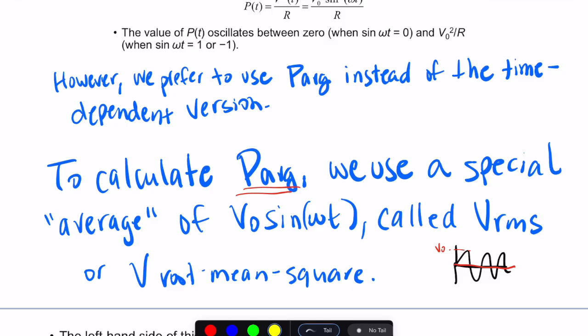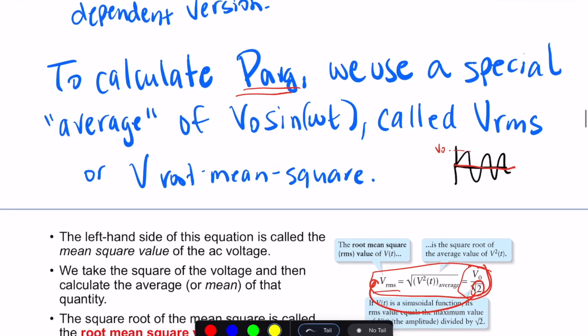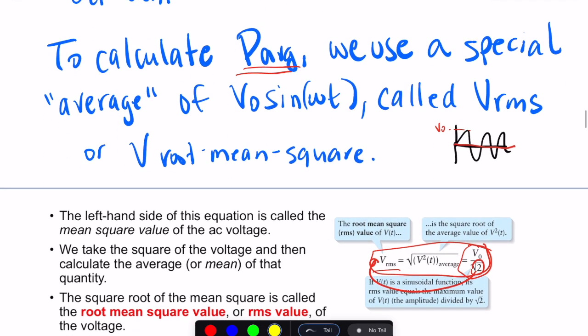What we do is square the function, take the average, and then square root it to get back to the original units. So that's the root mean square average. It looks like this: V root mean square is the square of that time-dependent function, then take the average, and then square root.